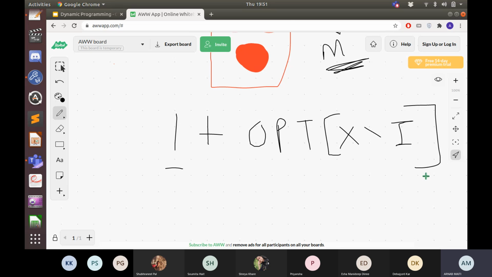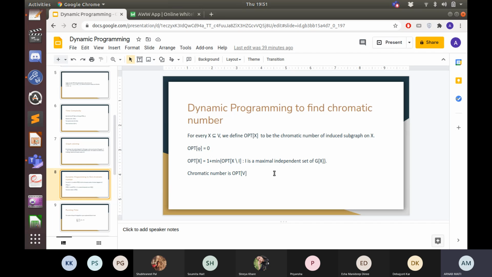But the question is, we don't know which maximal set it is. If I say that the red color is a maximal independent set, I don't know which maximal set it is. So simply, you brute force over all possible maximal independent sets.